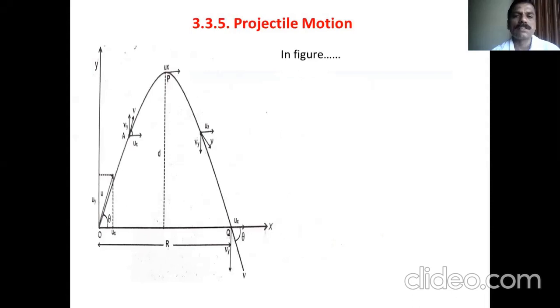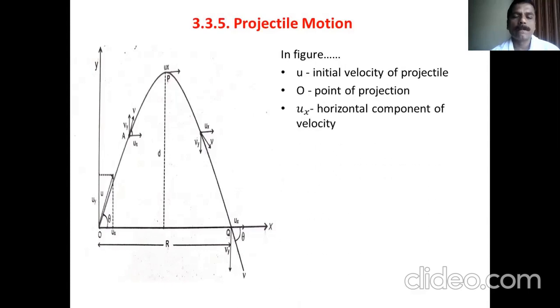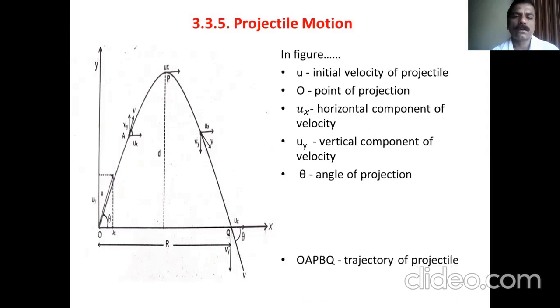The symbols used in the diagram are shown here: u is the initial velocity, O is the point of projection, ux is the horizontal component of initial velocity, uy is the vertical component of initial velocity, theta is the angle of projection.